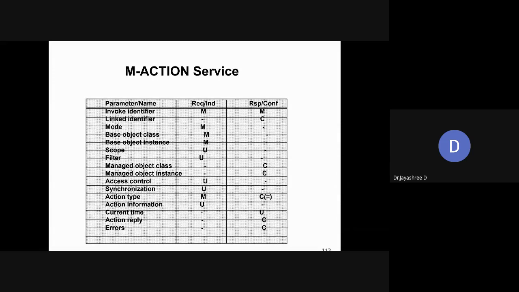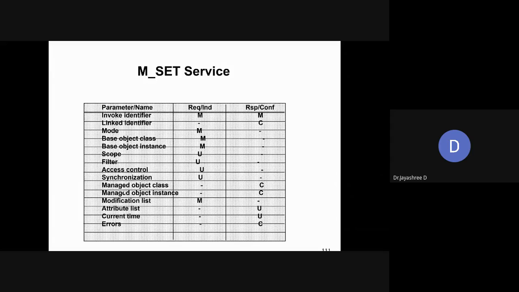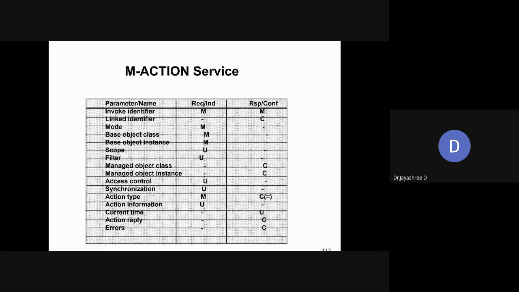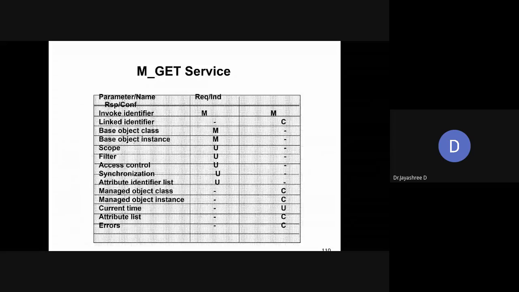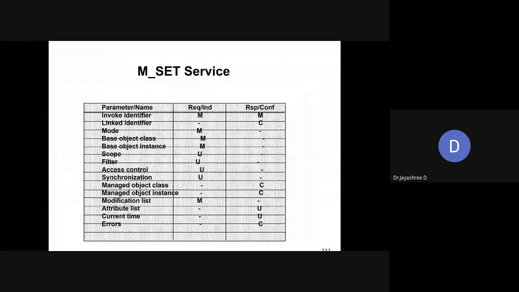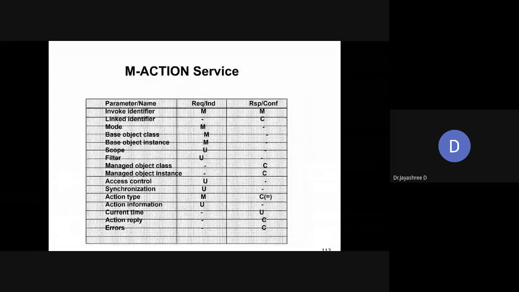Most of the time, one or two things change, and the remaining parts are the same for everyone, up to the base object and base class, here the managed object and managed class. But here the attribute list is added, here a modification list is added, and here the action type and information are added.